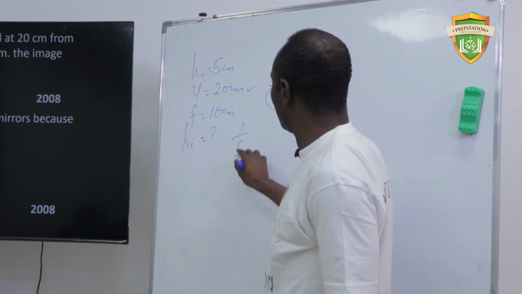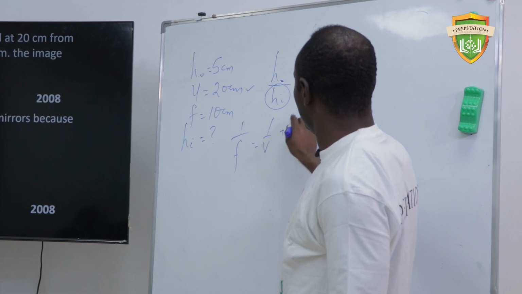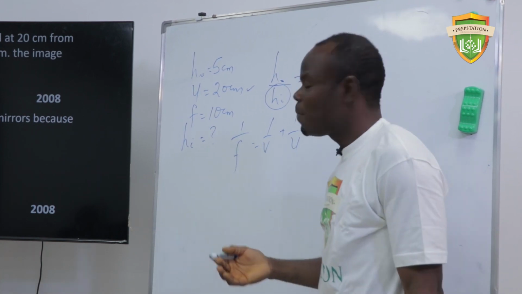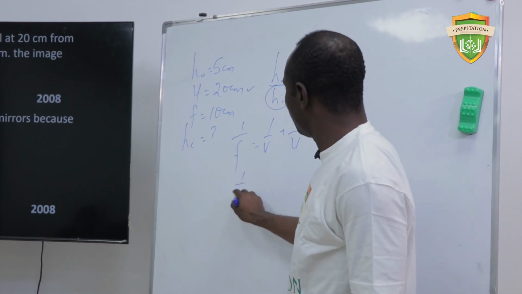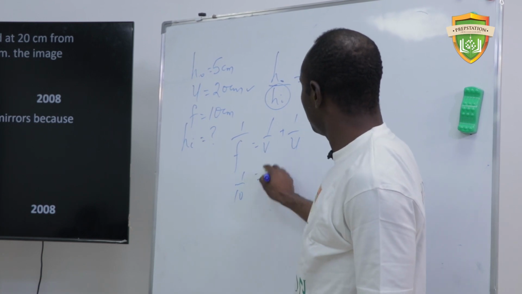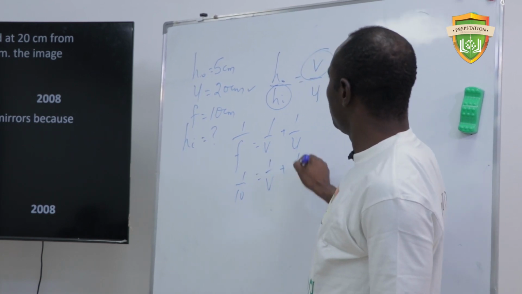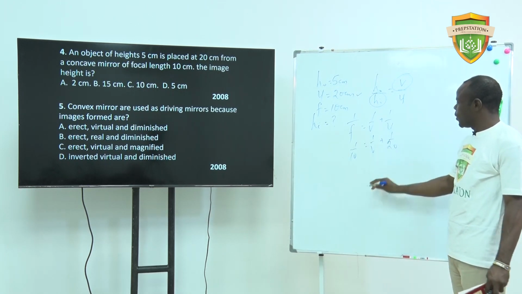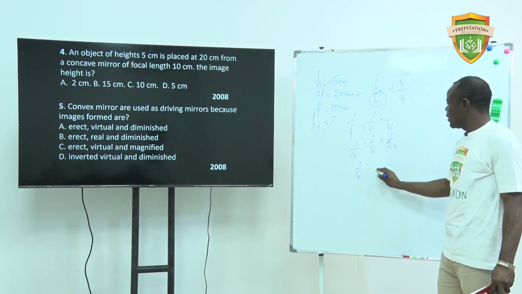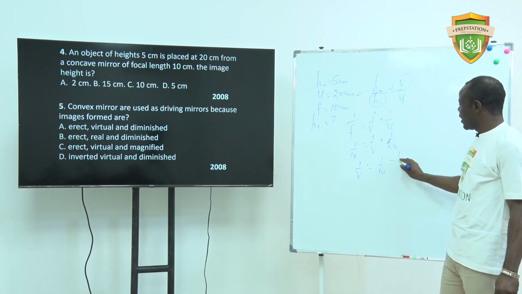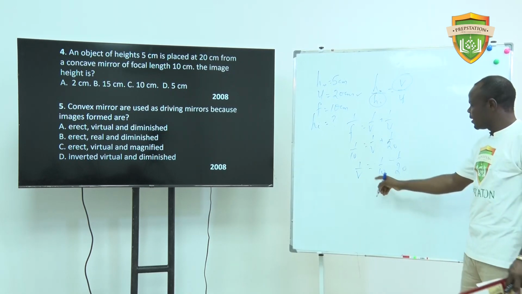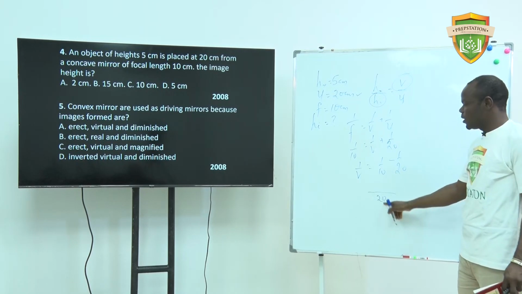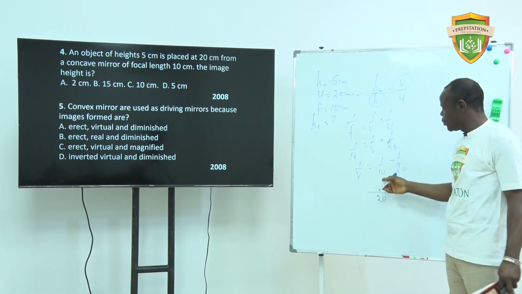So let's go through this and see what we have. We can have 1 over F equal to 1 over V plus 1 over U. So what do we have? We have 1 over 10 equal to 1 over V, U is known now, and that's 20. So 1 over V equals 1 over 10 minus 1 over 20. And the LCM is 20. 20 goes into 10, it's 2, 2 by 1.